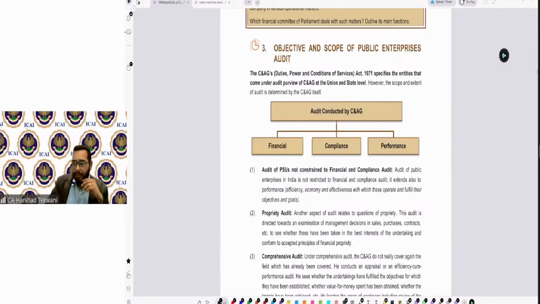Does anyone know about that? Seriously tell me how many of you don't know, and how many of you know what format the state government or central government uses to present their financial statement?